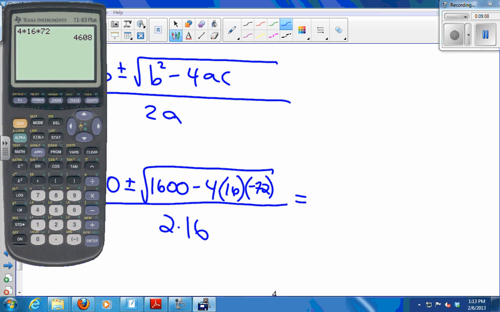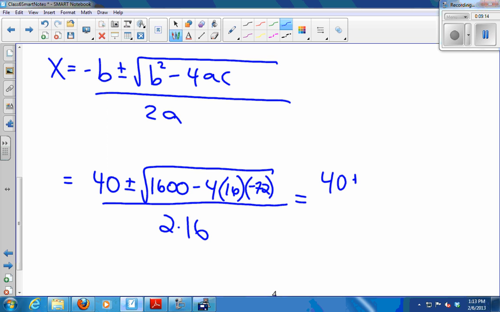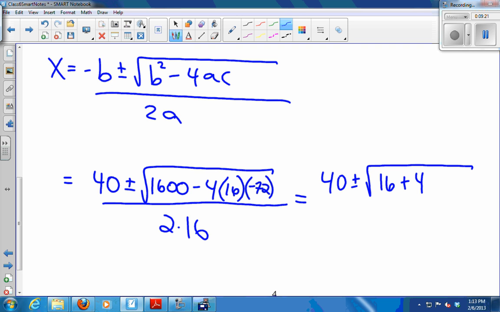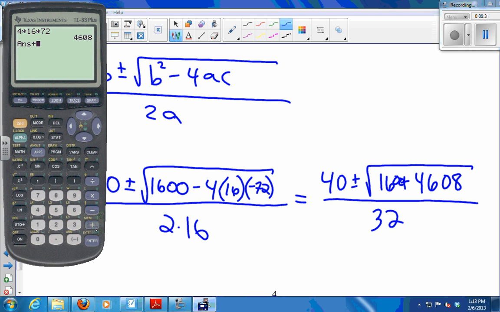And it is positive because it's a negative 4, a positive 16, and a negative 72. So this is going to be 40 plus or minus the square root of 1,600 plus 4,608, all over 32. So I add 1,600 to this, and I get 6,208.